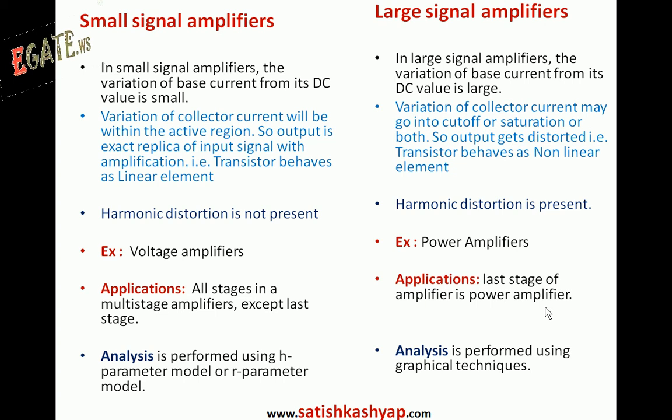Examples of large signal amplifiers are power amplifiers. Application is that the last stage of multi-stage amplifiers is always a power amplifier, and analysis is calculated using graphical technique, that is calculating the maximum power efficiency, how much total harmonic distortion, what will be the AC power output. All those things can be calculated using graphical technique.